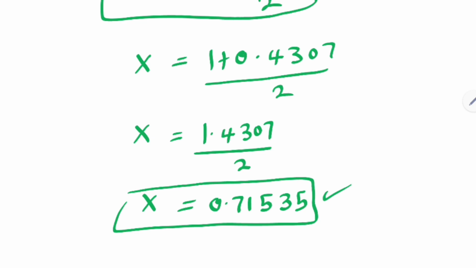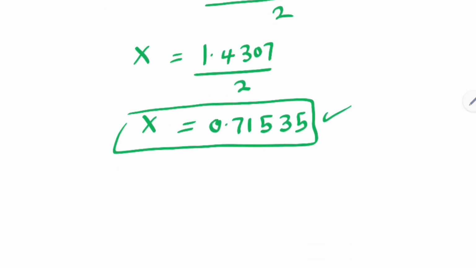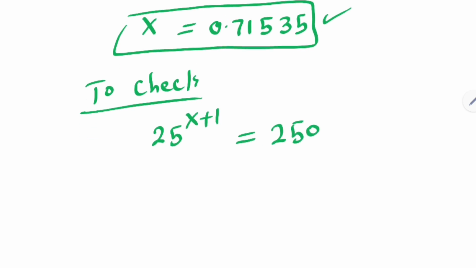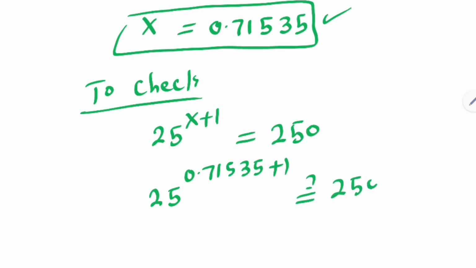Now let us check to confirm if this answer is right or wrong. To check, we have the given equation 25 raised to power x plus 1 is equal to 250. Then this is 25 raised to power 0.71535 plus 1 must be equal to 250.